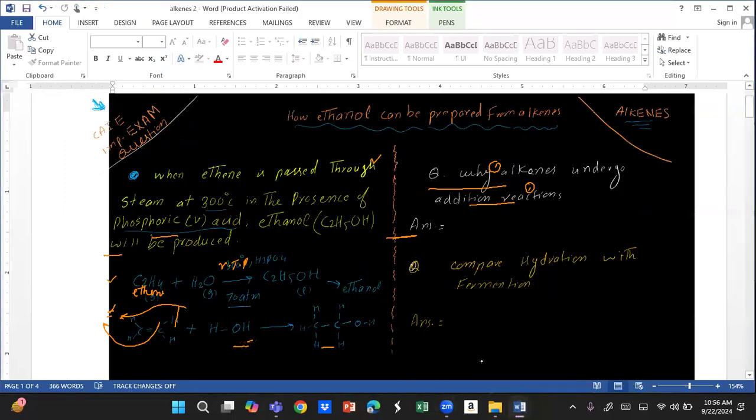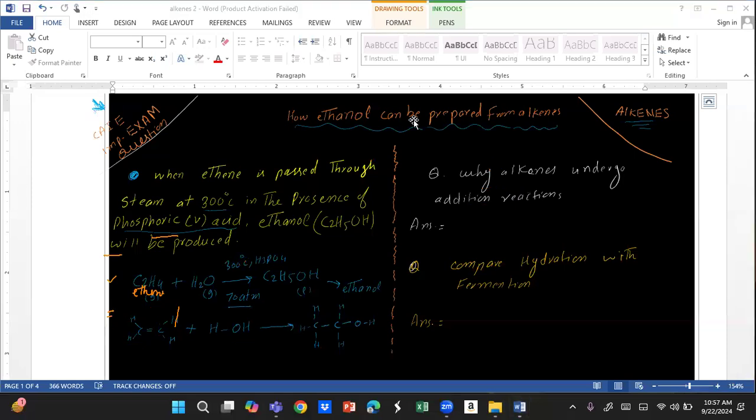The next reaction is the reaction of ethene with water, that is also known as hydration reaction. Why do we call it a hydration reaction?